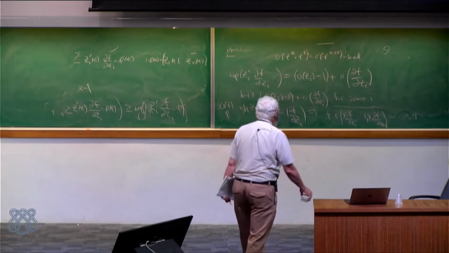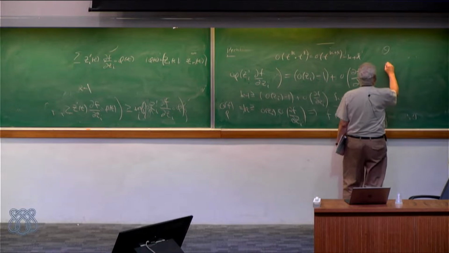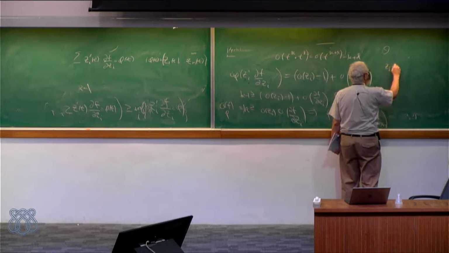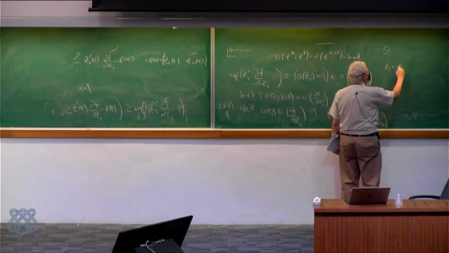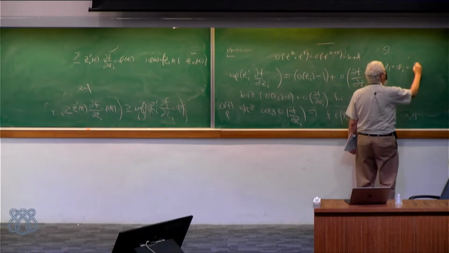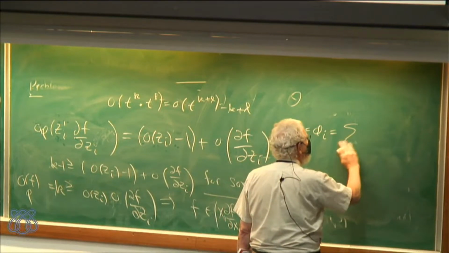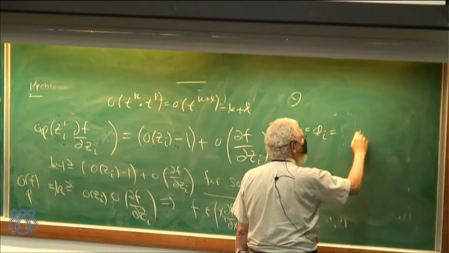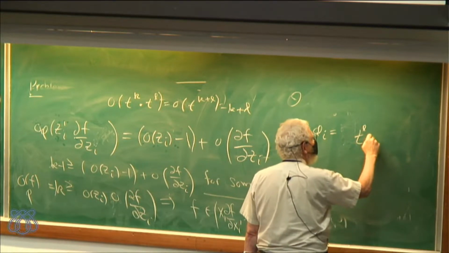Okay, well, let's just think about it. Zi is equal to the ith component of phi. And so phi is a power series, so I can always write it as t^L times a unit.